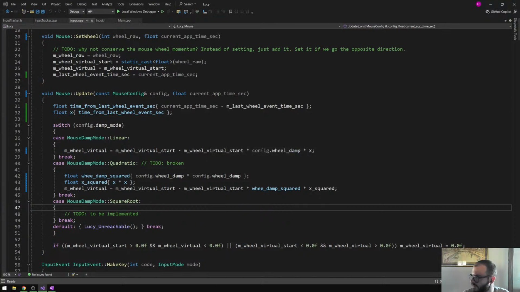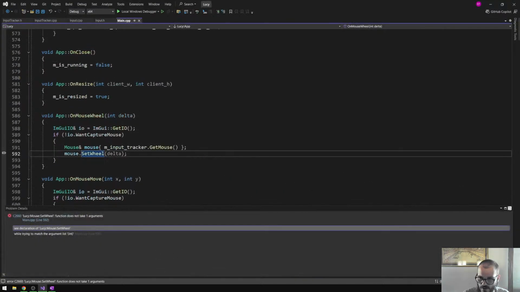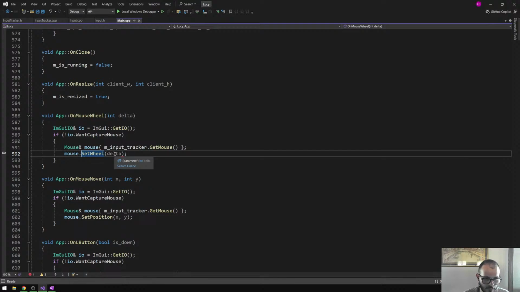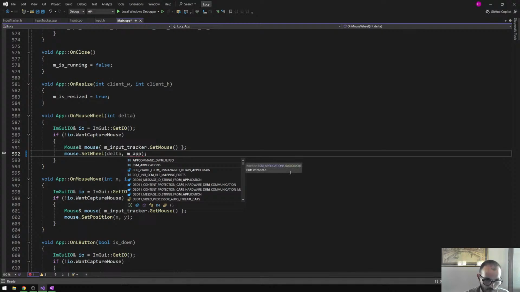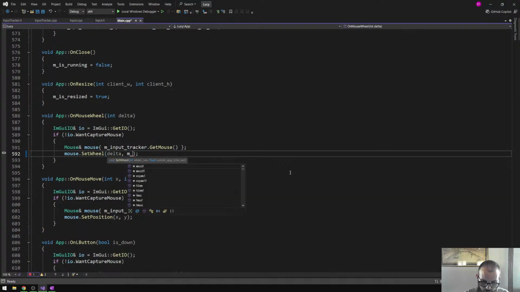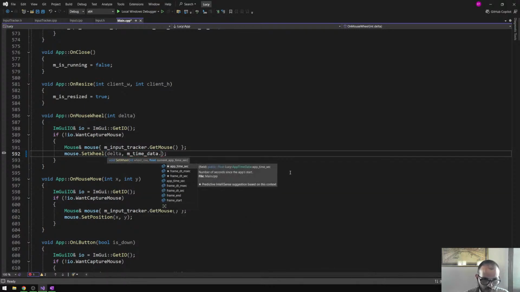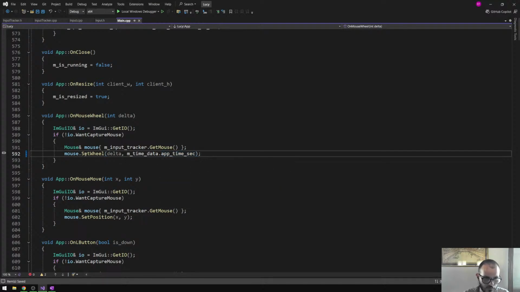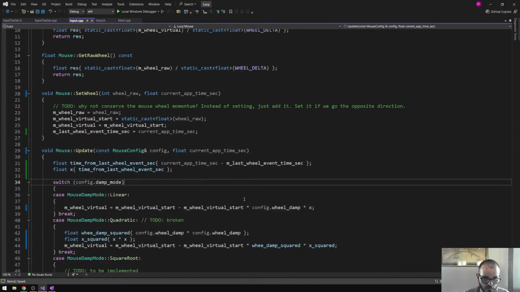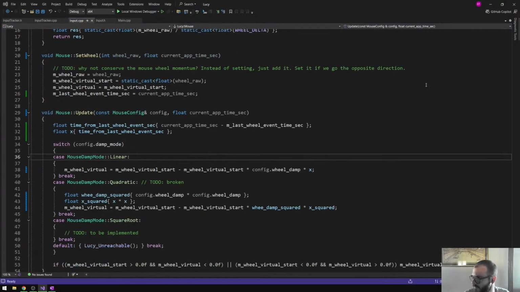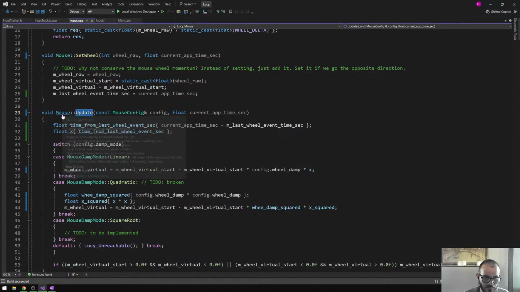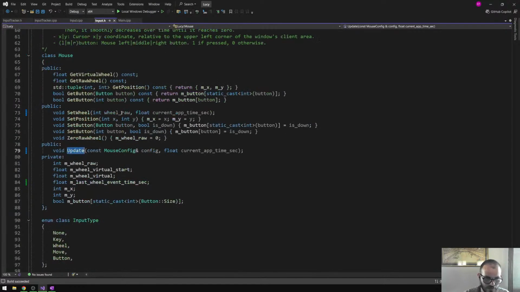Things should work. No, they don't, obviously, because in the set wheel we pass the delta, but we also need to pass m time data dot uptime in seconds, the current uptime in seconds. We do it again, the mouse up, when we call the update.